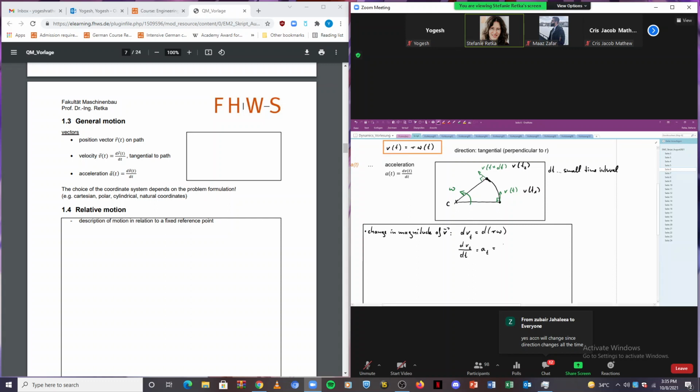Okay, now let's build the time derivative. Now we substitute the velocity by r times omega. Since we're moving along a circular path, our radius is constant, and we only have to build the time derivative of the angular velocity, which is equal to the angular acceleration, alpha.